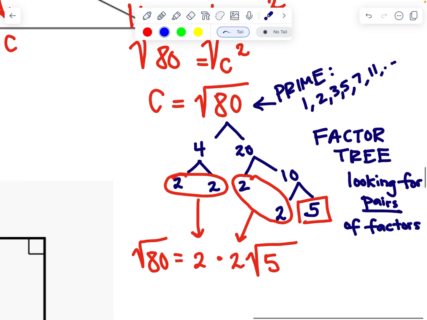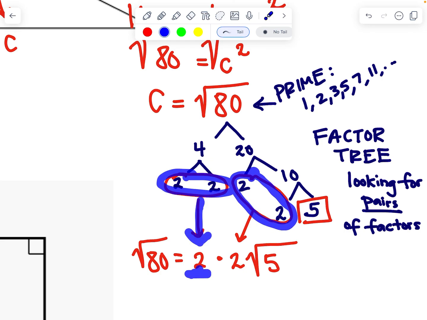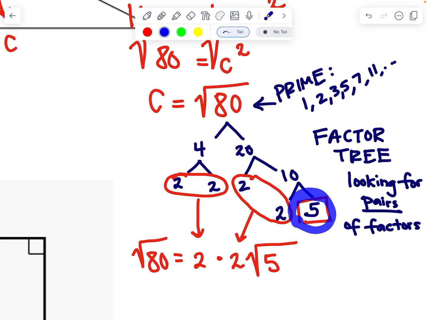Okay. I'll say that one more time because I know it's been a while. When I have a pair, one of them gets to escape. When I'm stuck with a singleton here, it gets stuck underneath the radical and just stays there.